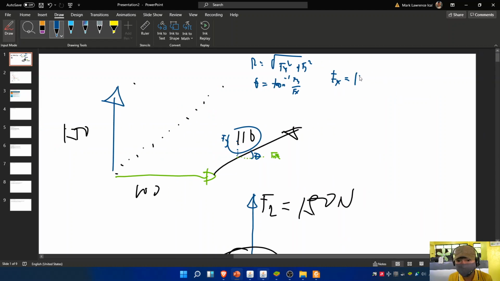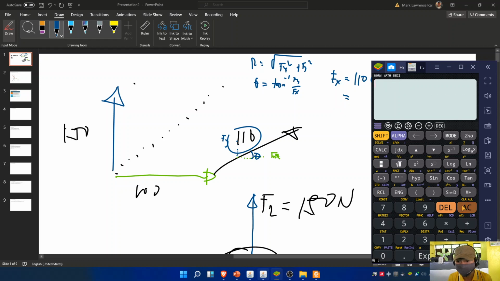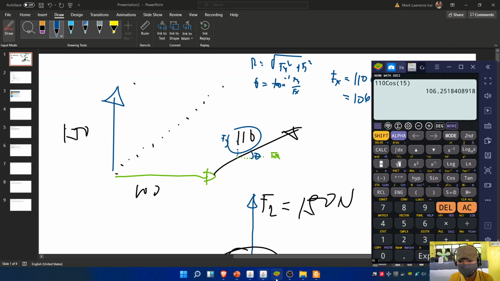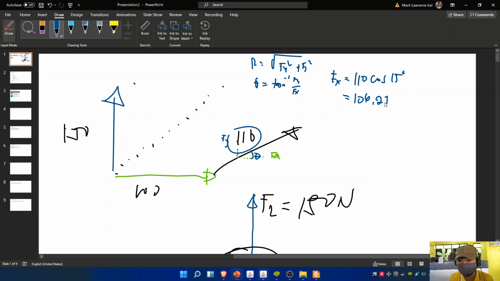We have 110 cosine of 15 degrees, which is equivalent to 106.25 Newton.